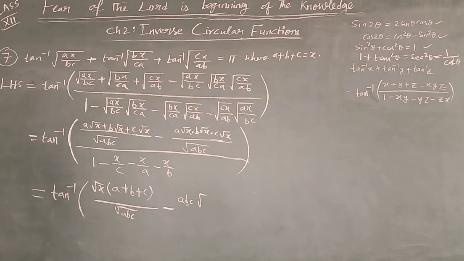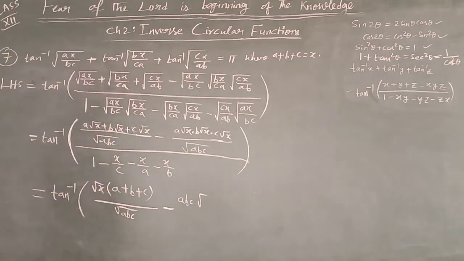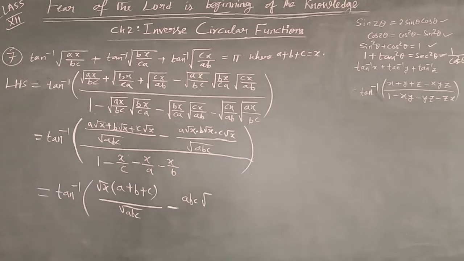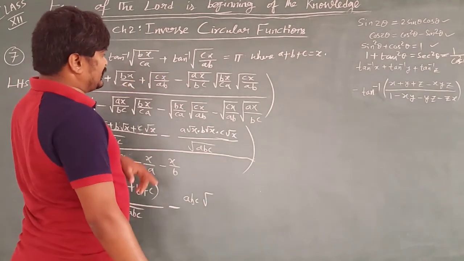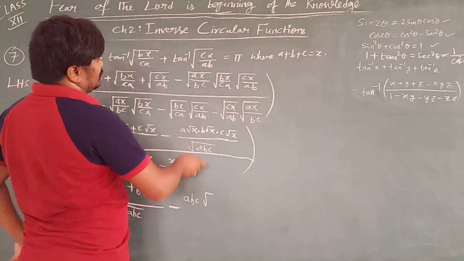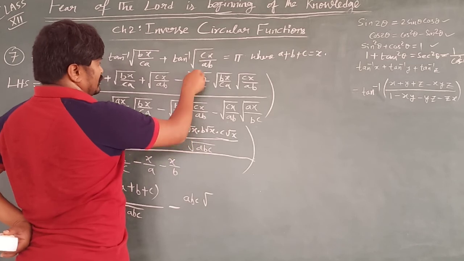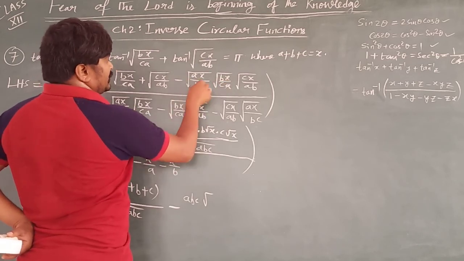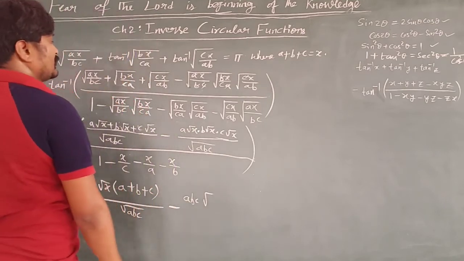Sorry, one minute. I have a doubt here. Let me check this step again. What are the possibilities here? Root a and root a get cancelled. So let me cancel here. Root b cancel. Root c gets cancelled.